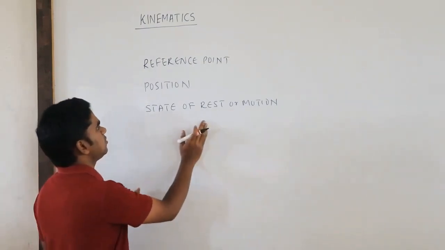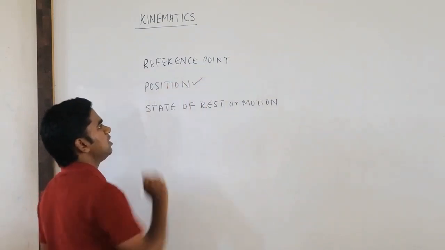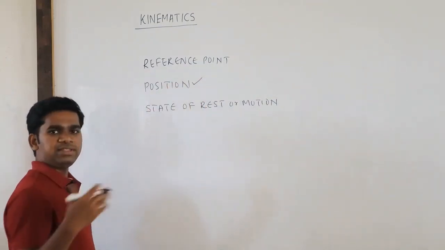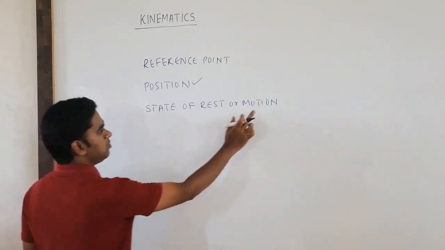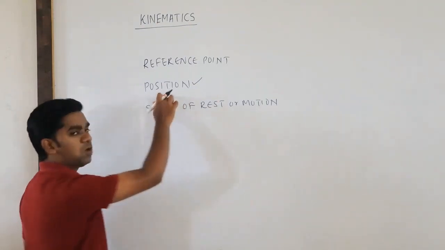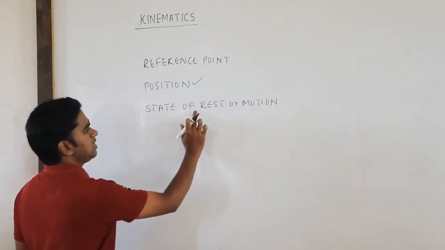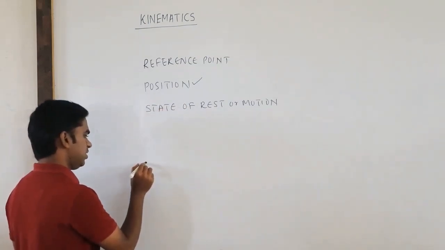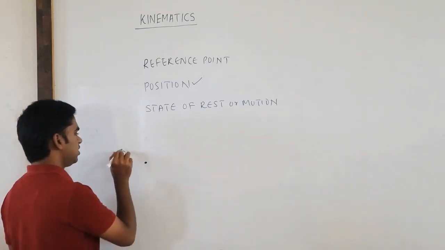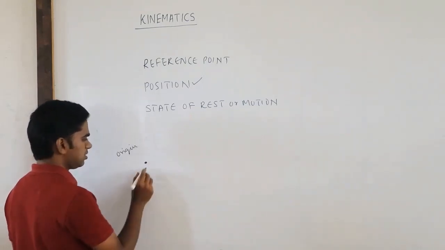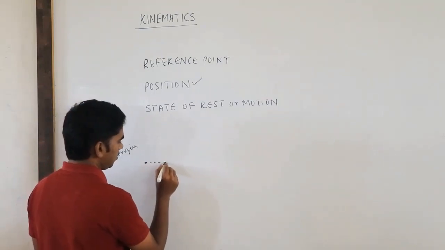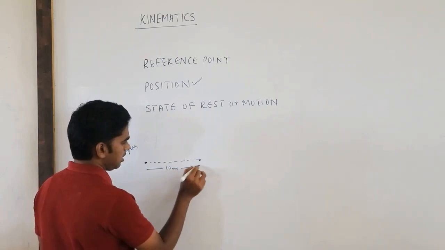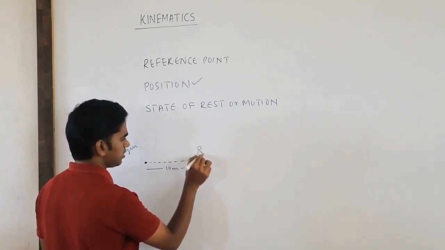So the state of rest or motion, we already know, depends on the position of the object. If position is changing with time, then we can say the object is in motion. If position is not changing with time, then we can say the object is at rest. Suppose you have taken the origin, that is the reference point. From here, at a distance of 10 meter, there is a person standing.